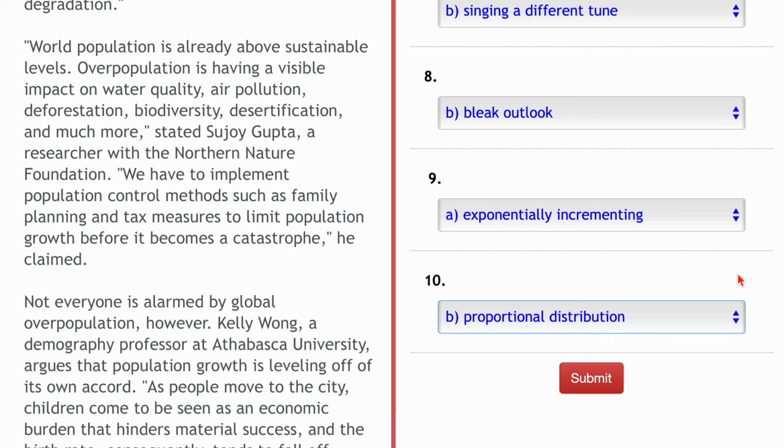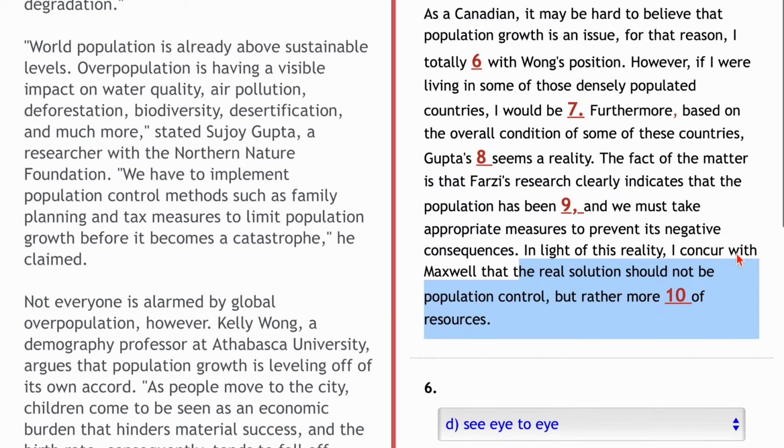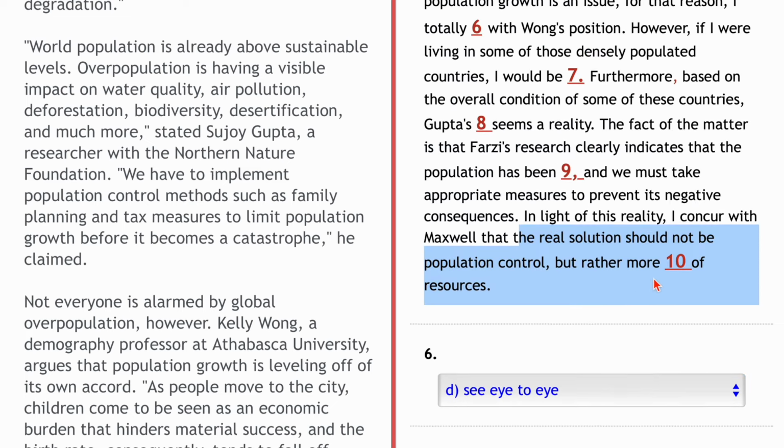So, in Maxwell's view, the rich countries do need to sustain their consumption, but we also need to provide more or distribute more resources.